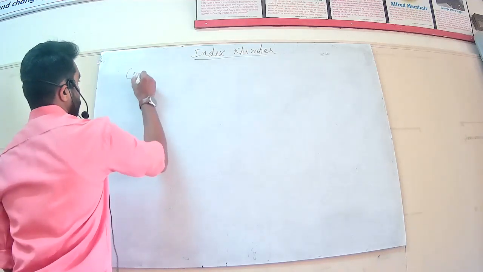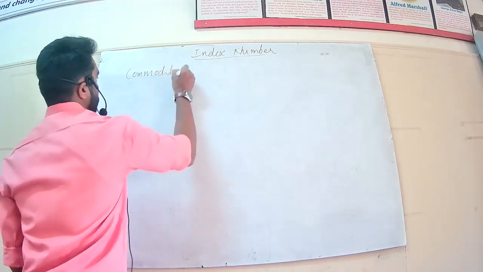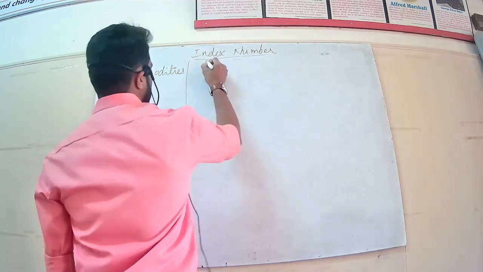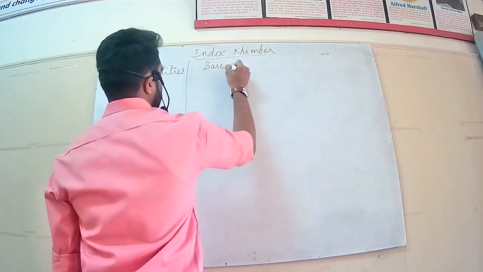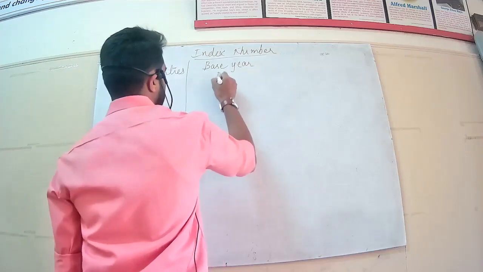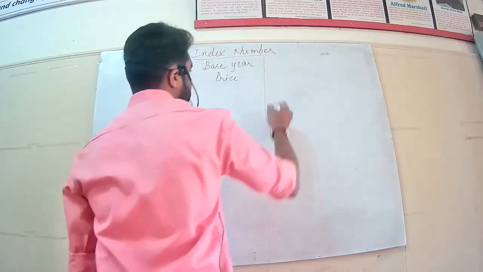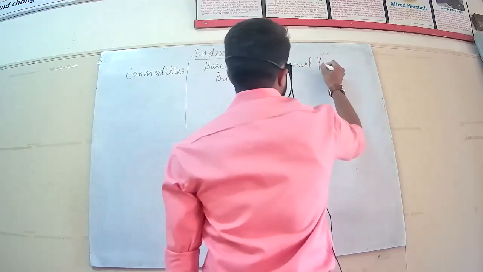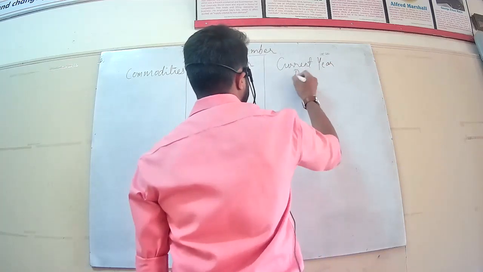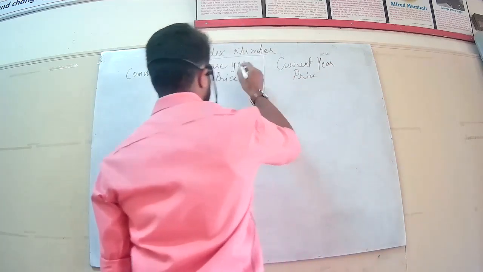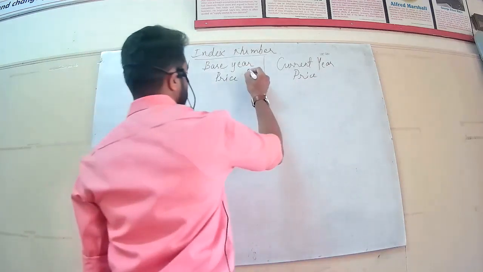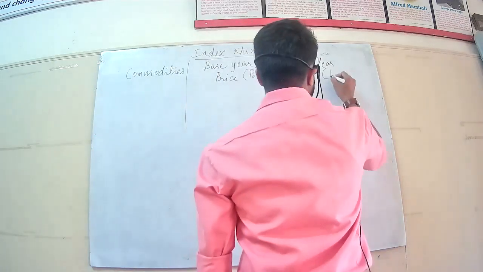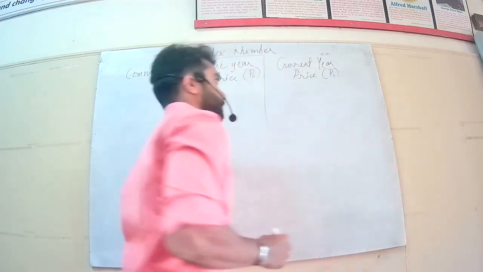Let's say the prices of different commodities over two different time periods. The two time periods are taken as base year prices and current year prices, and we are going to study the changes over these two periods. The base year price is called P0 for understanding, and current year prices are written as P1.